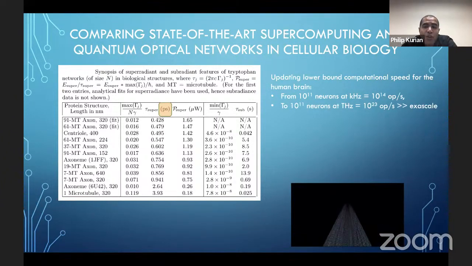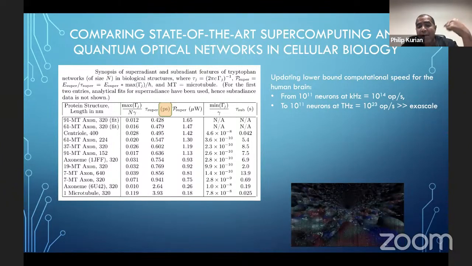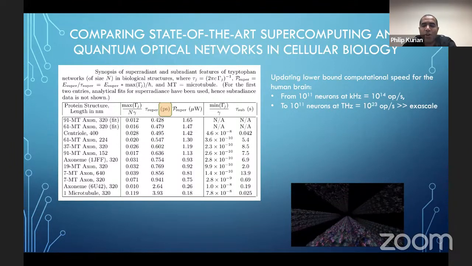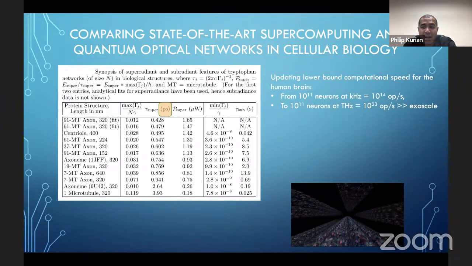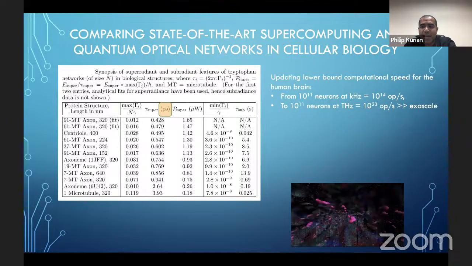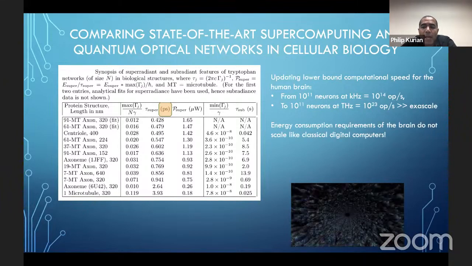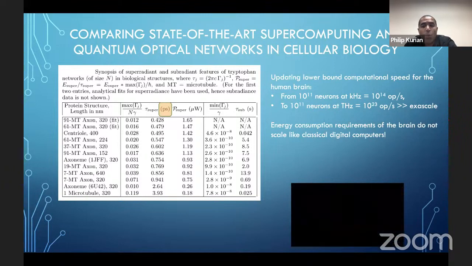Now, if you take those 10 to the 11th neurons and say that these quantum optical effects operate at the picosecond timescale, then potentially I have terahertz information processing. This exceeds exascale, at 10 to the 23 ops per second. Now, the energy consumption requirements of the brain do not scale exactly like classical digital computers. Why?